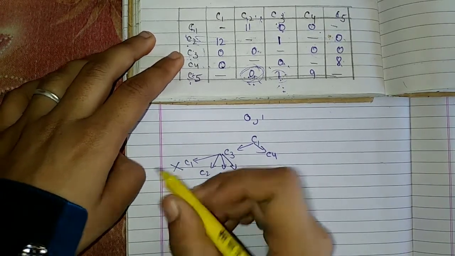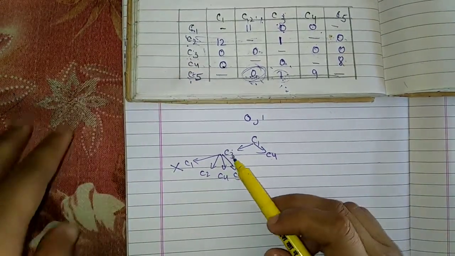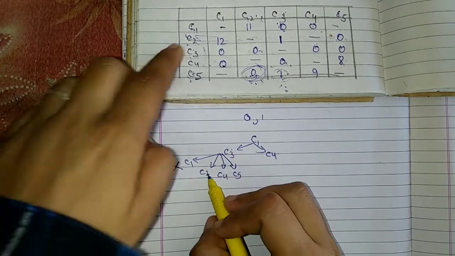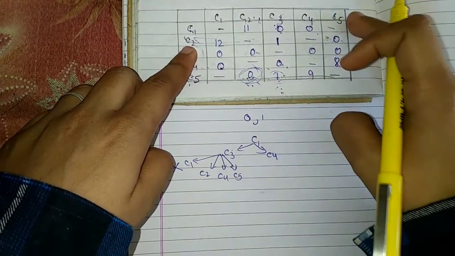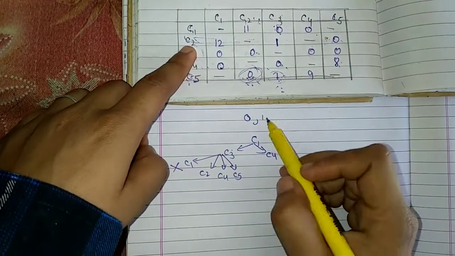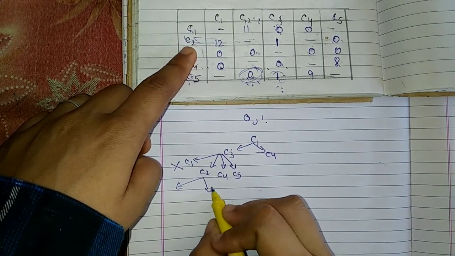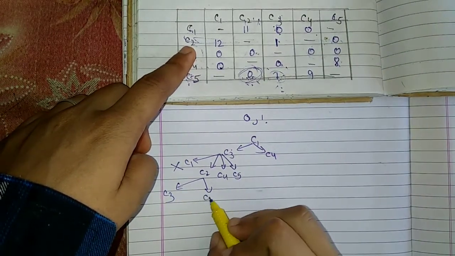This is unfavorable because the salesman does not cover C2, C4 and C5. C2 there is 1 zero at C5. At C3 there is also a 1. So C2, C3 and C5.